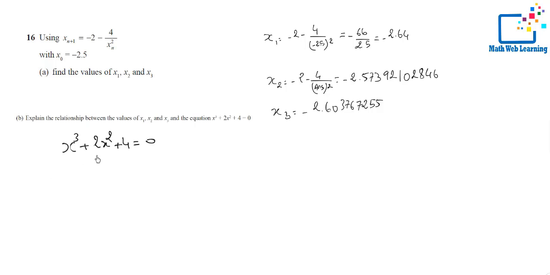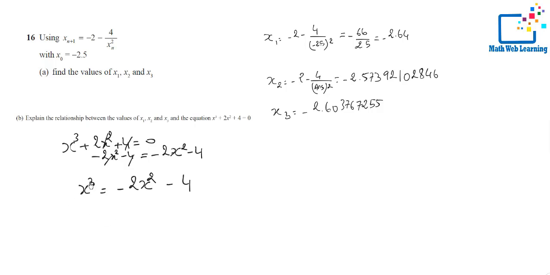Now I'm going to move the 2x squared and the 4 to the other side, so I do minus 2x squared minus 4. I'll be left with x cubed equals negative 2x squared minus 4.